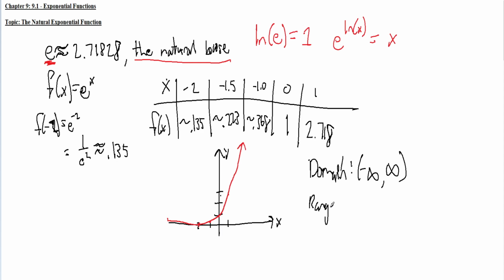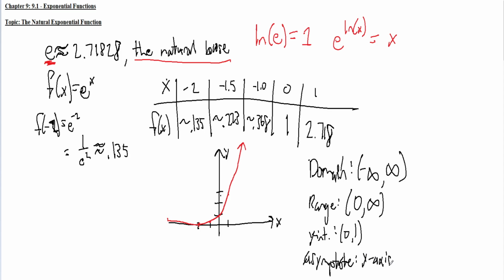In the range, it has a horizontal asymptote at the x-axis, so its range only goes from 0 to infinity, and then a y-intercept at (0, 1), and again we've talked about the asymptote, and that is the x-axis.